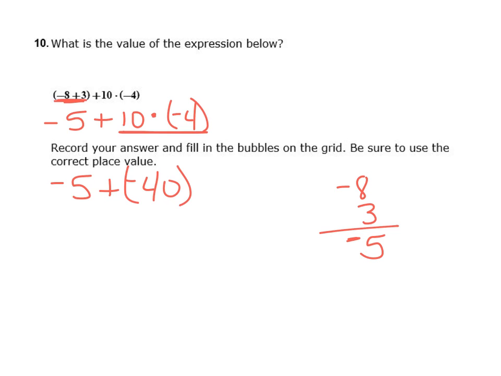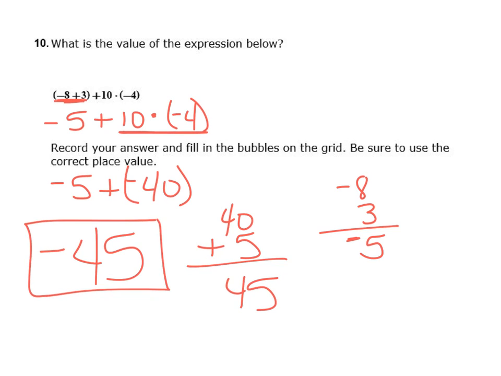Now I have a -5 plus a -40. Whenever you have two negatives and there's an addition in between, that means you're going to add. So -5 plus -40 is going to give you 40 plus 5, which is 45. Because they're both negatives, your answer is going to be -45. So that should have been your answer once you're done.